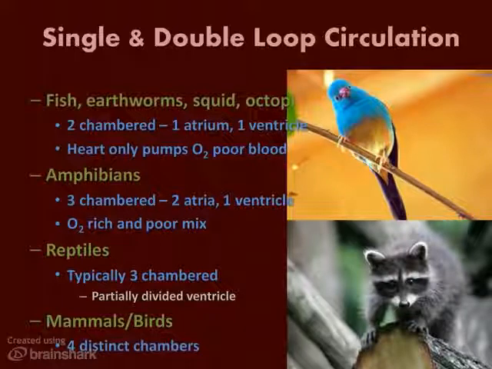These guys have four distinct heart chambers, which act as parallel pumps with no mixing of oxygenated and unoxygenated blood. So the evolution of the heart, again, is pretty amazing to look at. And the heart isn't the only thing that has evolved, as we've been talking about all along.